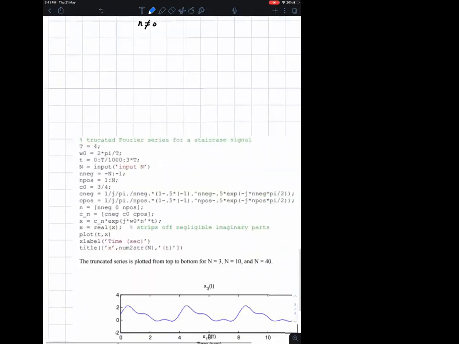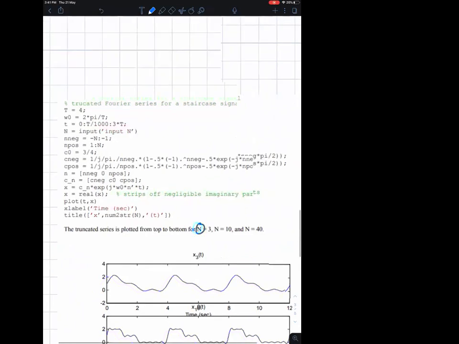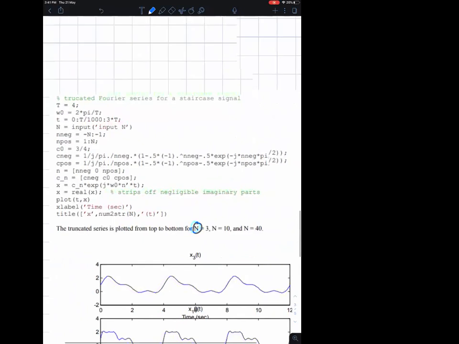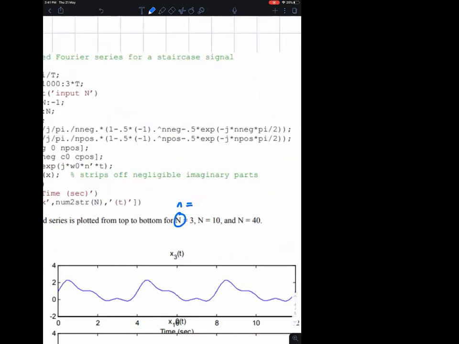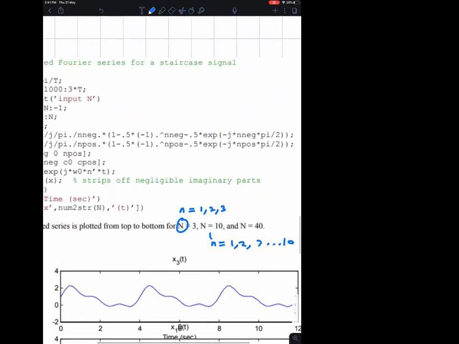In this case, this n here is actually a little n equal to 3. That means n covers a DC term plus 1, 2, and 3. Here n equals 1, 2, 3 up to 10. As you increase n, you improve the accuracy of the plot.